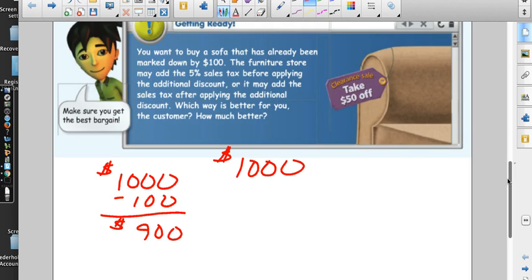They figure out that 5% sales tax by taking 0.05 times 900, and get that 45 smackers. And 945 is what we get. So this is that discount first, then sales tax.